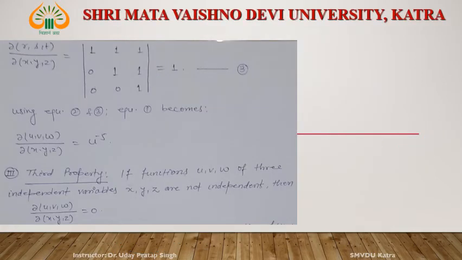Now, see the third property. This is one of the most important properties for functional relation.